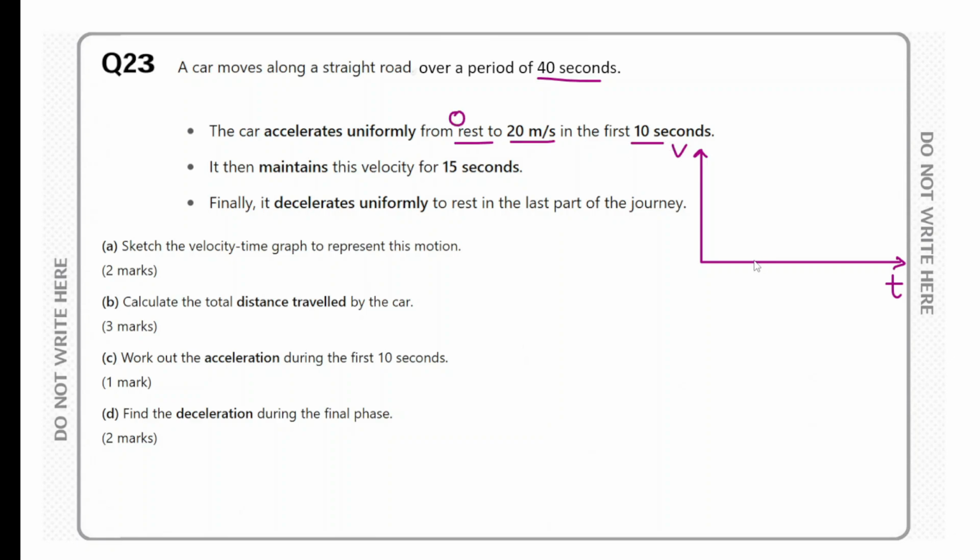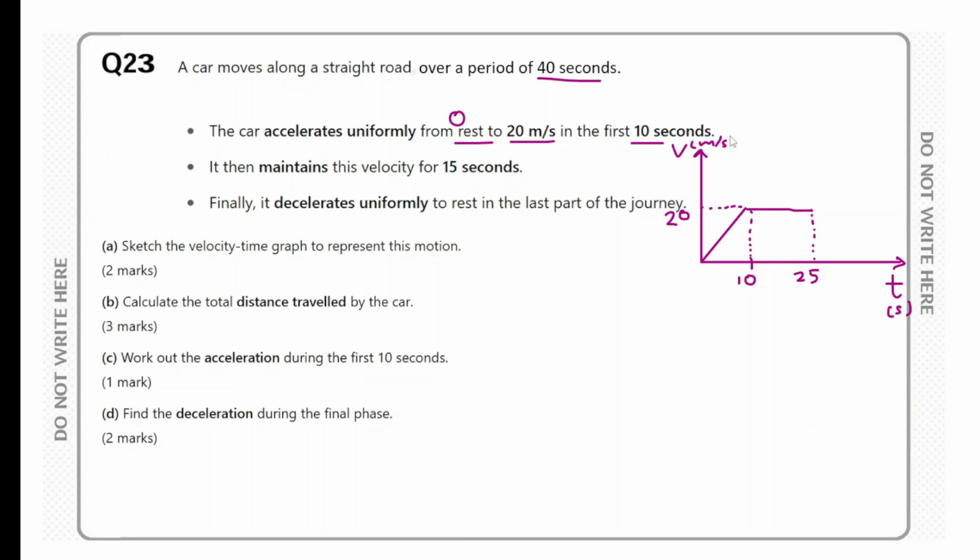So we know the time here is 10 seconds and it accelerates, so a straight line through the origin like that, and the speed that it achieves at the end of the first 10-second period is 20 meters per second. Then it maintains this velocity for 15 seconds. So for the next 15 seconds, which is 15 after 10, that's 25. So the time in seconds, velocity in meters per second is that.